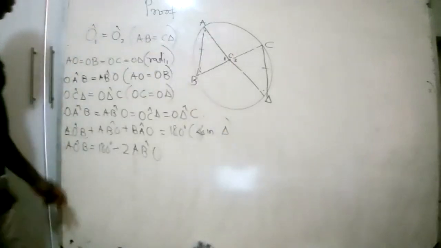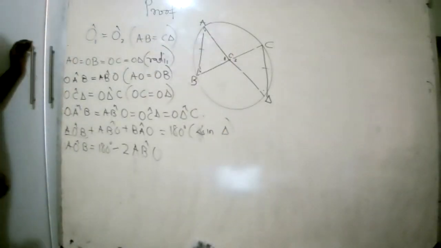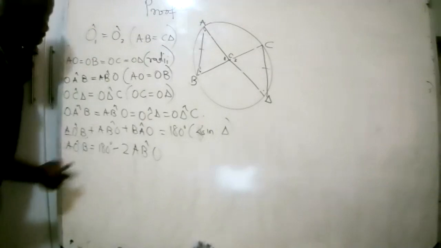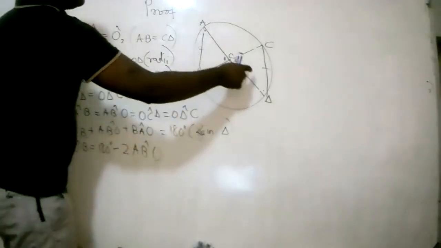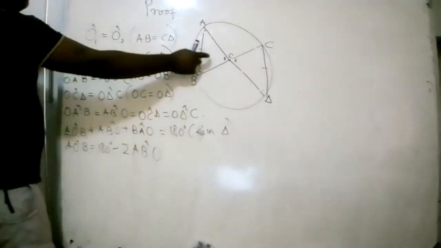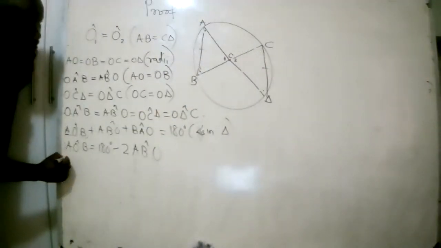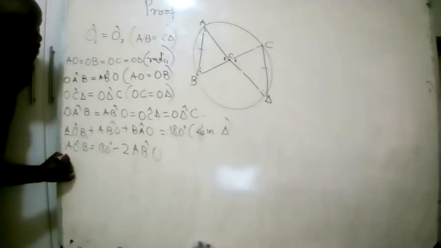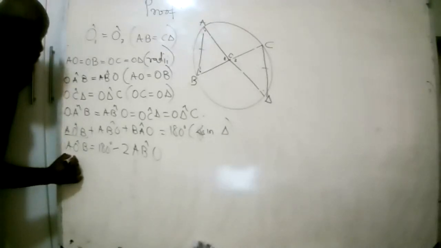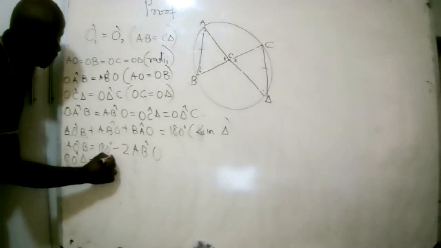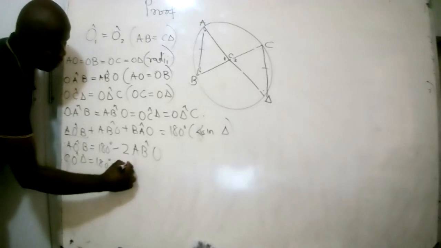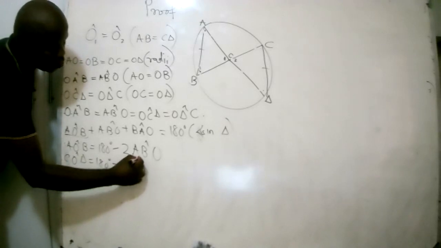And we do the same on the other side. I tell you without any hesitation that it's going to give us exactly the same thing as what we have done here, because all the sides here are the same as the sides on the other triangle. So angle COD will be equal to 180 degrees minus 2ABO.